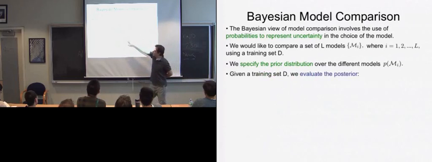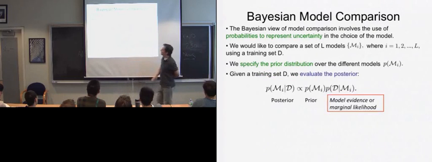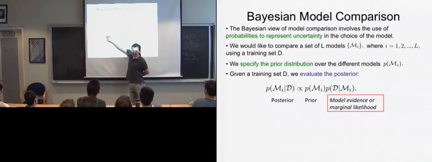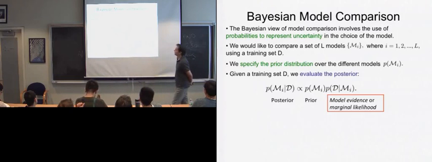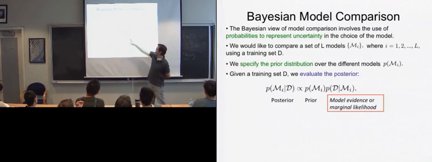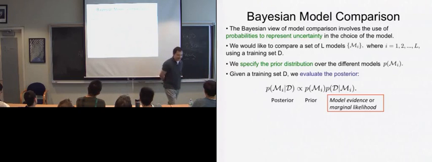And given a particular training set D, we want to evaluate the posterior. The posterior distribution of the models is going to be given by the prior times, in this case, what is called the model evidence, and again, it comes down to the notion of the marginal likelihood.